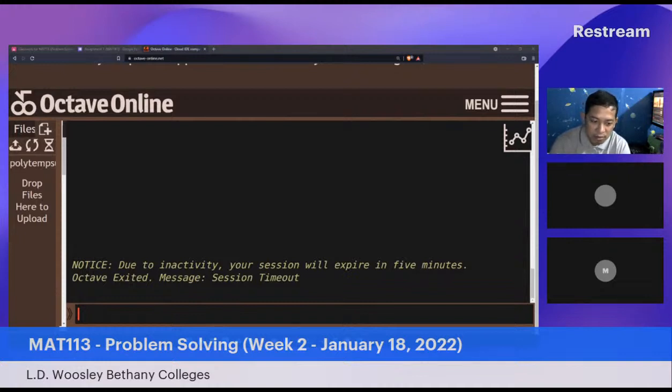Okay, so I think with roots, we are done. I think polyval also.